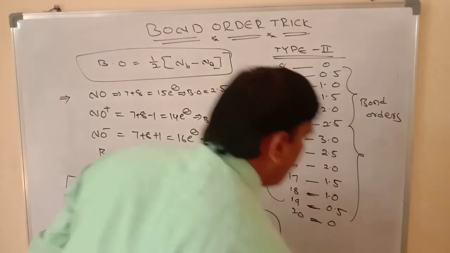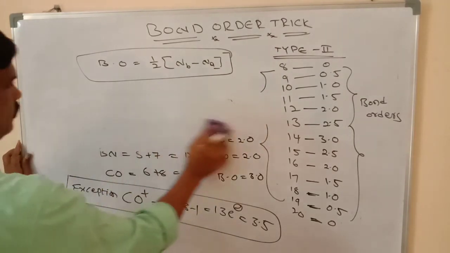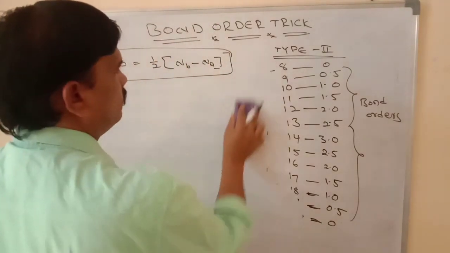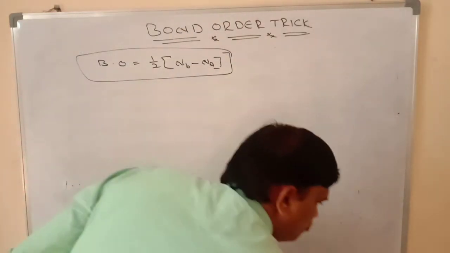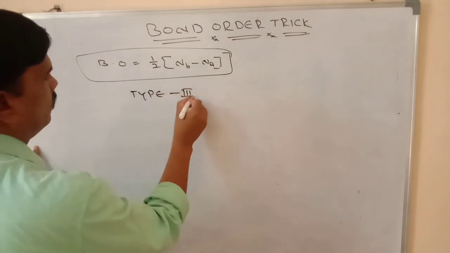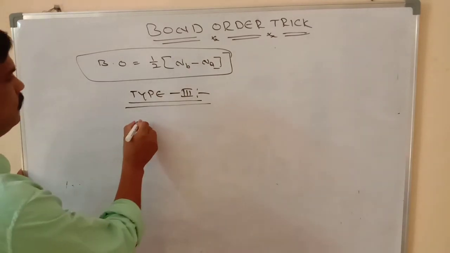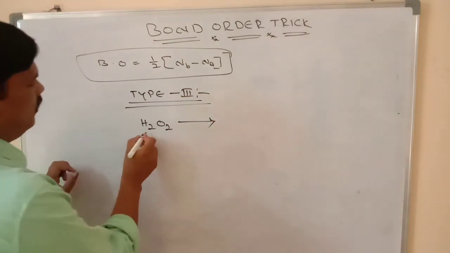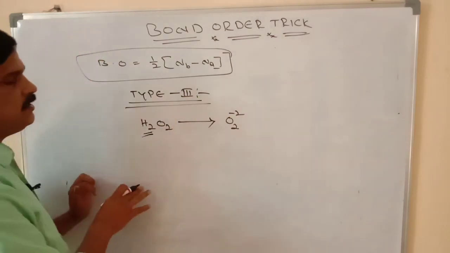Now I want to apply the type 3 trick. H2O2, for example: remove the 2 H2s, and we are getting O2 2 minus, as in the oxidation state.